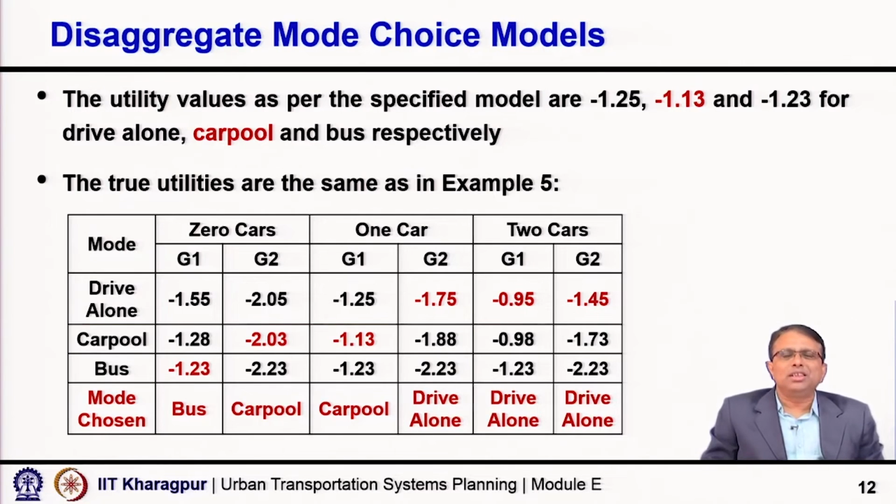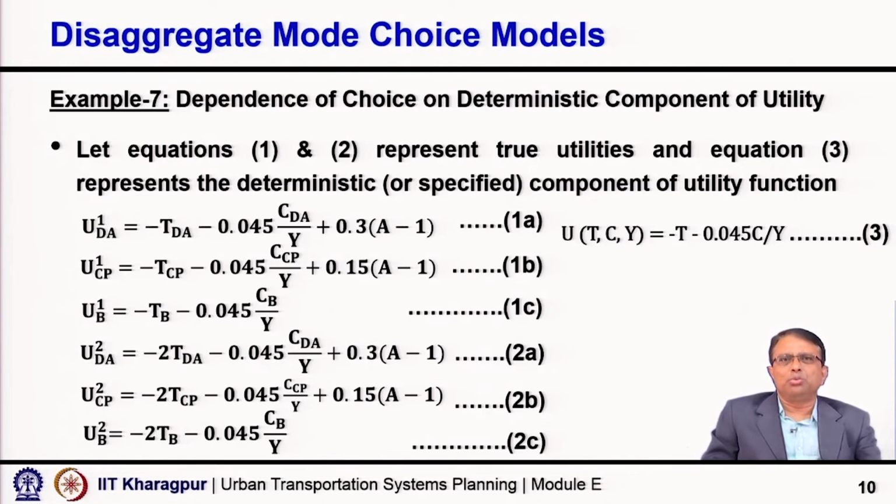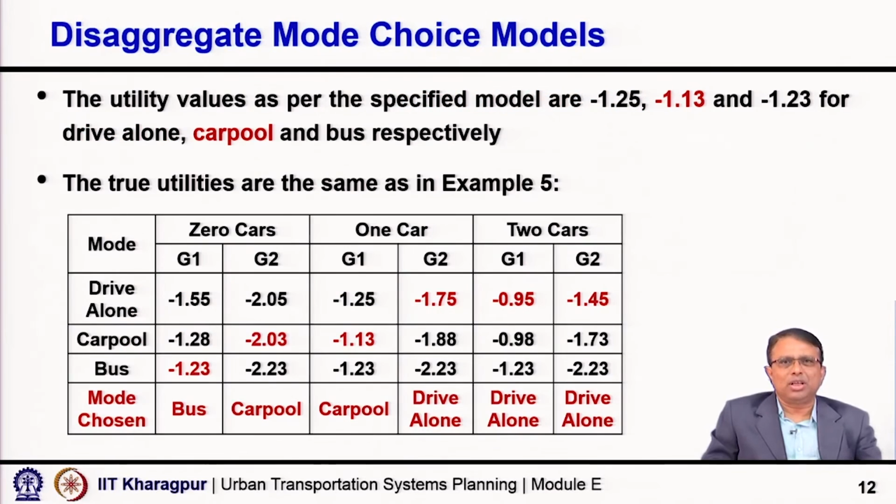But the true utility using equation set 1 and 2, you can calculate for each user group, group 1 and group 2, G1, G2 indicate group 1 and group 2, for 0 car, for 1 car and 2 car. Each case we have calculated the utility using this equation 1A, 1B, 1C for user group 1 and 2A, 2B, 2C for user group 2, using this travel time and travel cost values for 3 different alternatives.